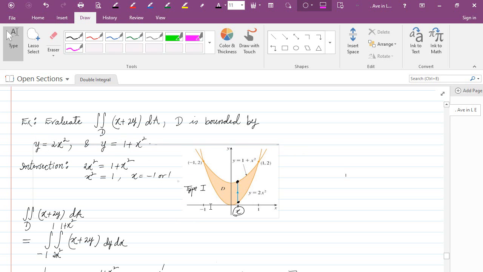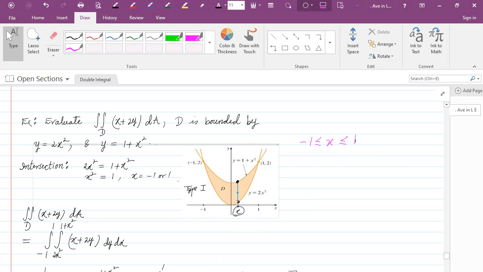Now D is a type 1 region. The reason it's type 1 is that x is between -1 and 1, and then for each x, if we fix a value of x between -1 and 1 and make a vertical line, the vertical line is going to intersect D in a vertical segment.